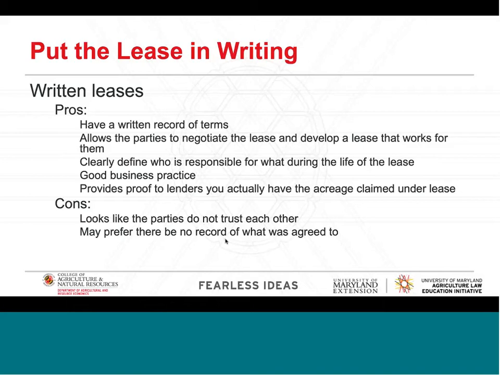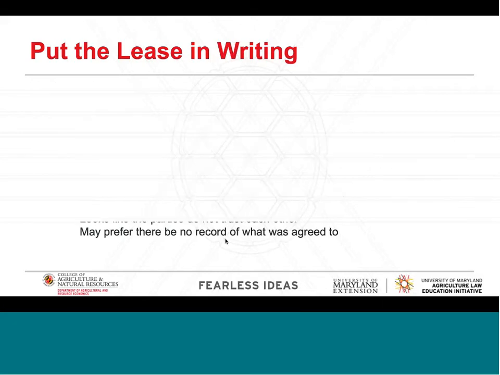The farmland may not be in compliance with USDA conservation compliance provisions, and you not actually having records that you rented that property may help you maintain your eligibility, which I have seen. And there may be other areas where just not having a written record would be a good thing.